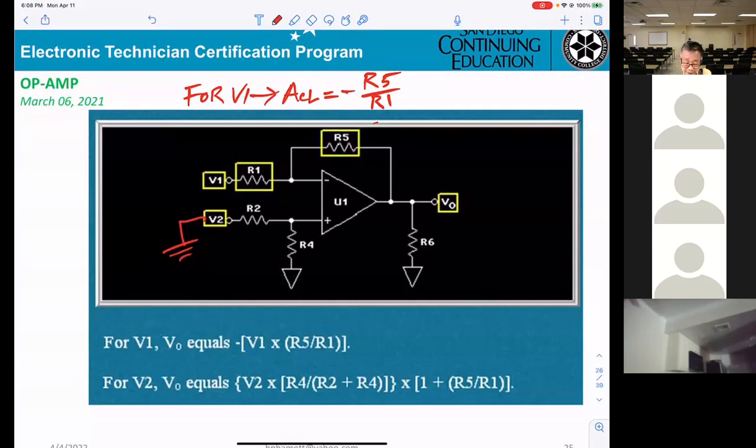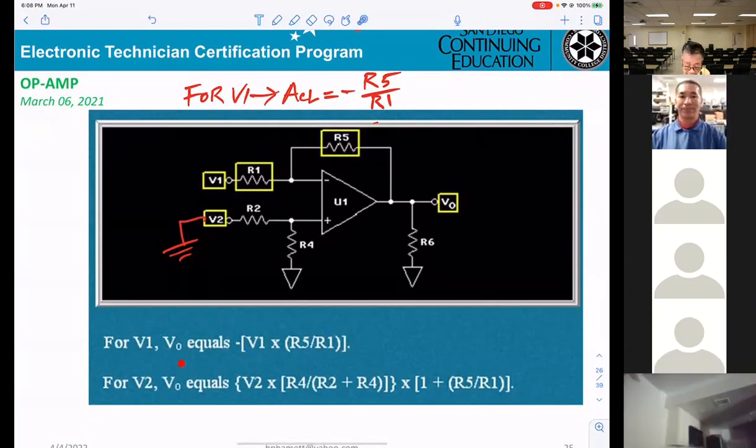So you can see in here, Vout equals minus V1 times R5 over R1. R5 over R1 means the gain. Okay? If it's confusing or you don't follow, let me know.